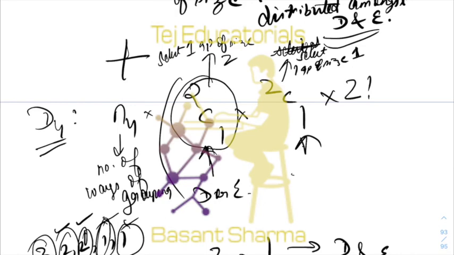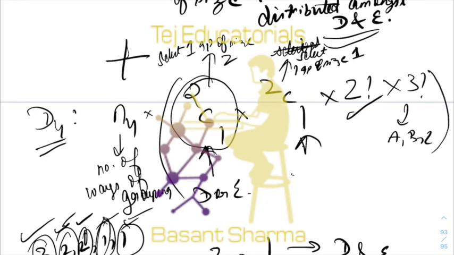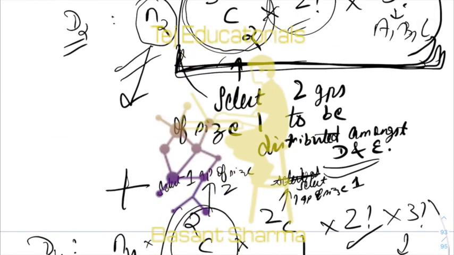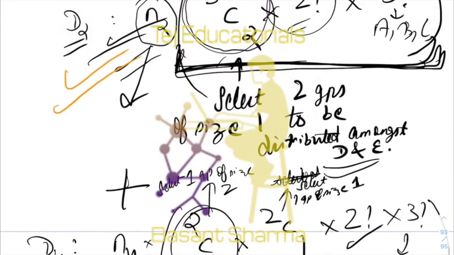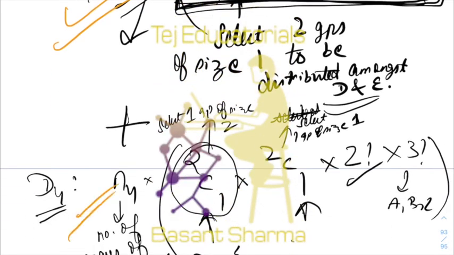Distribute them among D and E in 2 factorial ways. And then there are the remaining 3 groups: one of size 3, one of size 2, one of size 1. Distribute them among A, B, C in 3 factorial ways. So this would be your answer. That is this orange part and this orange part. Add these two together. That will be your answer.